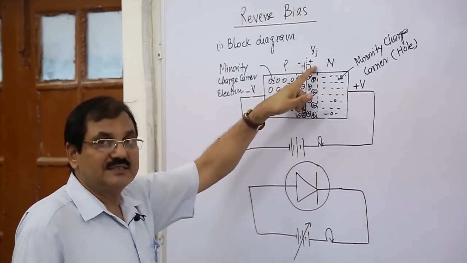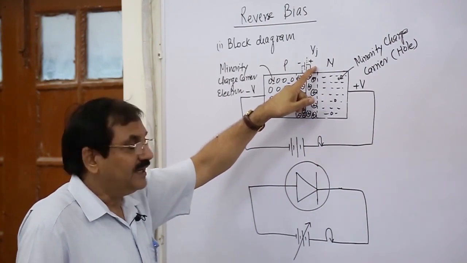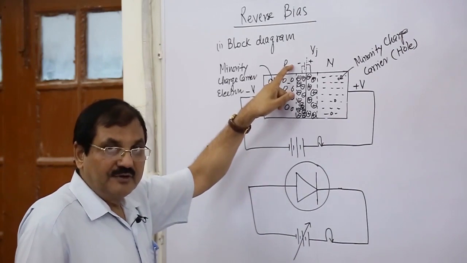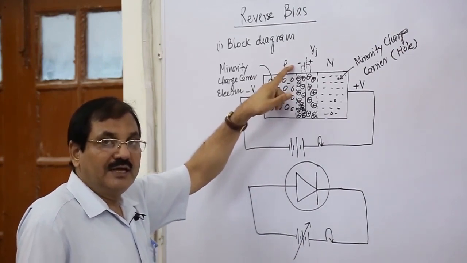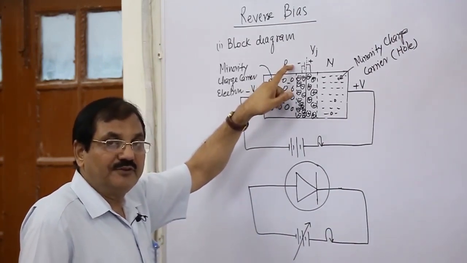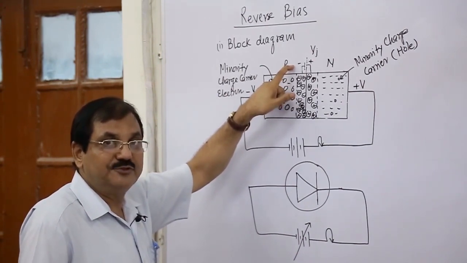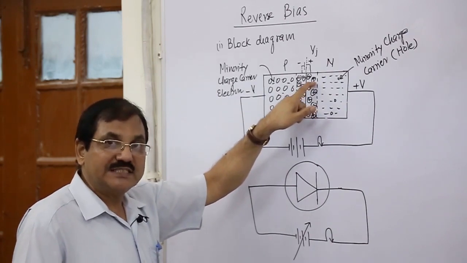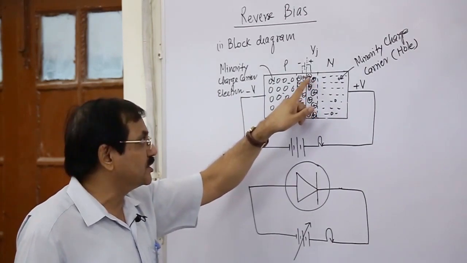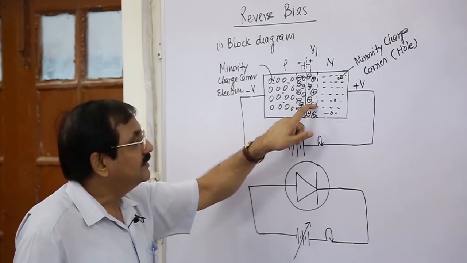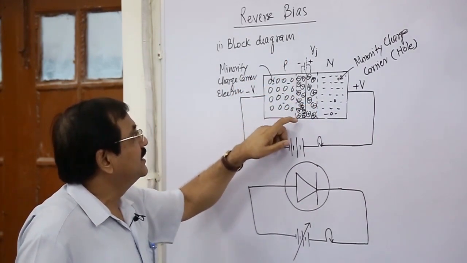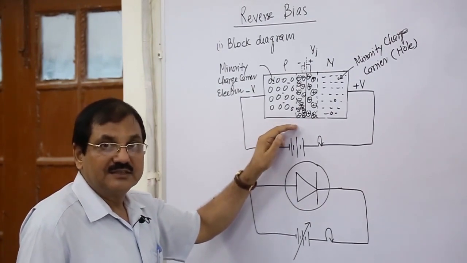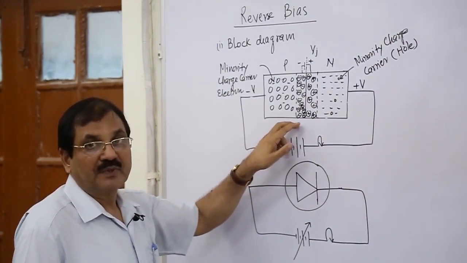So electrons from n type leave the crystal to the p type in the hole position, and due to the transfer of electrons in diffusion, there is a lack of electrons in the n side which creates positive ions, and excess of electrons in the p side which creates negative charges.